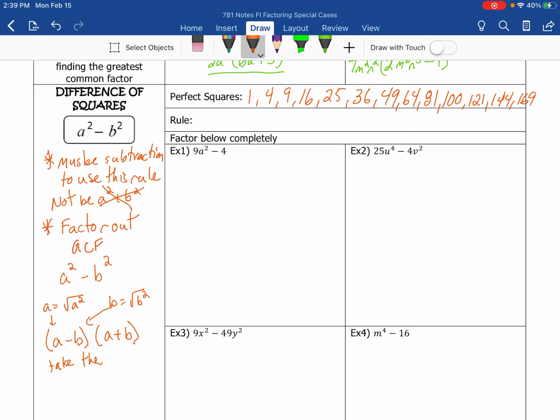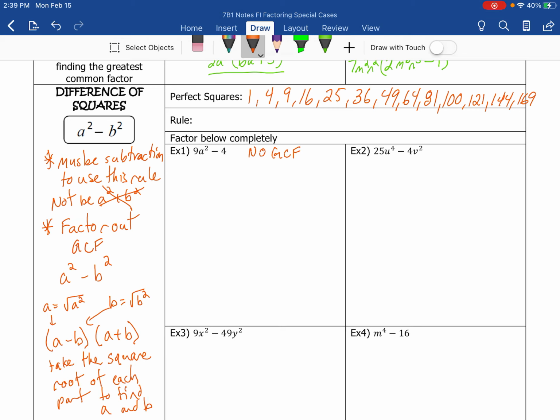That's the shortcut. You just take the square root of each part to find a and b.